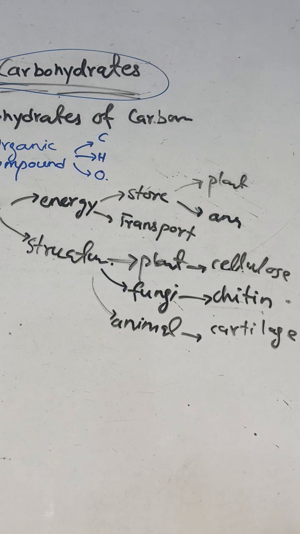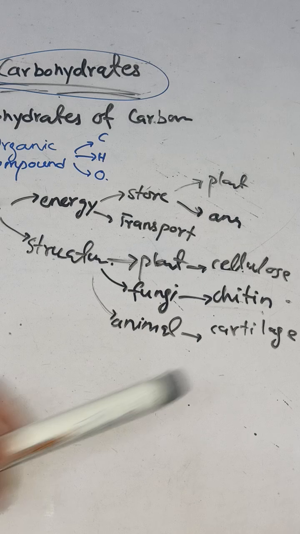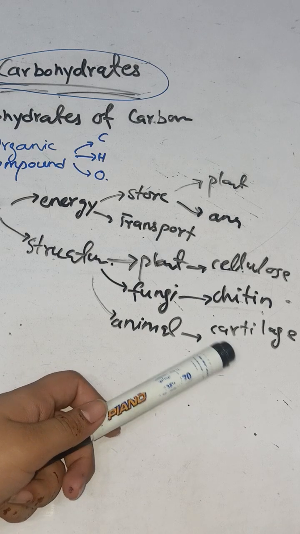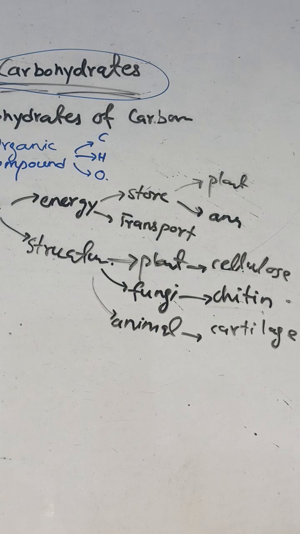So what is cartilage? Cartilage is a carbohydrate, so they are making our structures. If cartilage is not present, then our nose and our ears cannot be formed. So cartilage is present in our whole body and making the structure of it, making our body stable.